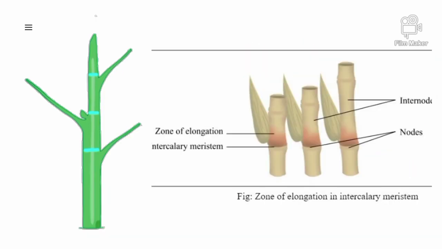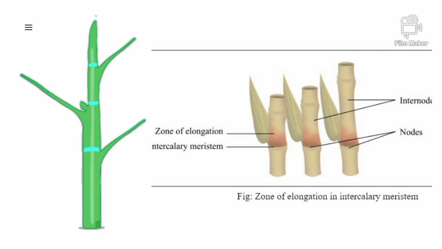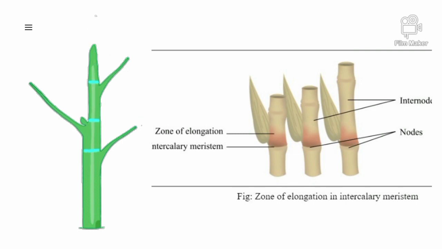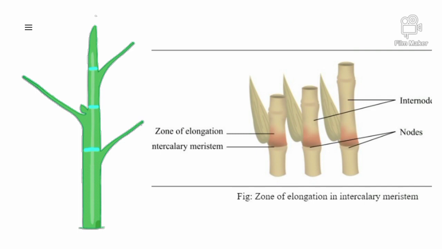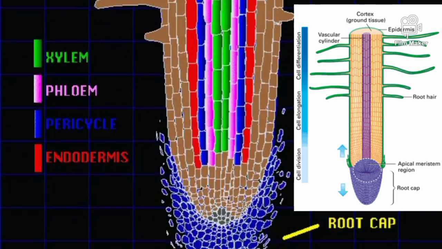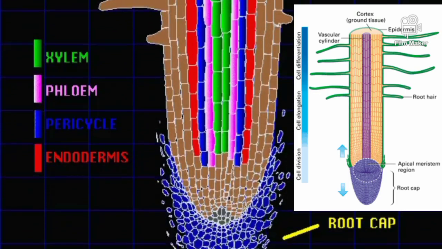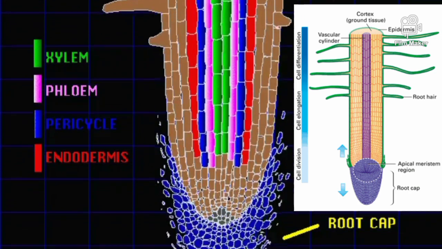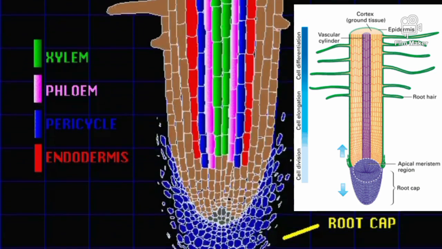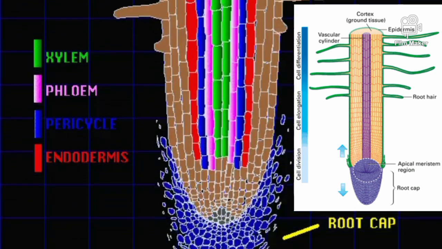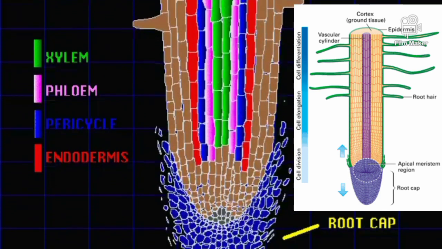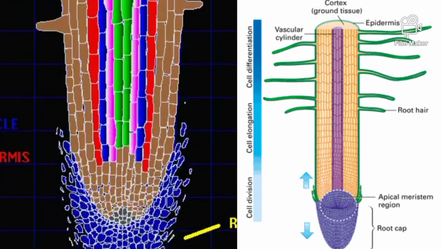They are found at the tips of the plants, such as the tip of the shoot, the tip of the root, the tips of the branches, and also at the internodes of plants. The cells in this region are immature and undifferentiated, and they are in a state of active division and continuous growth. The shoot tip contains shoot apical meristem.